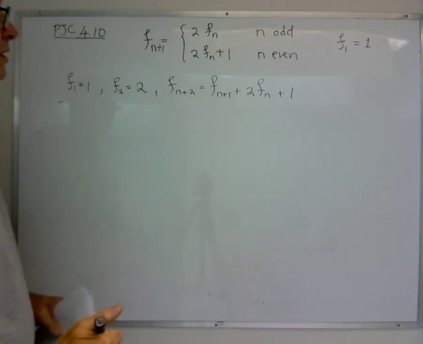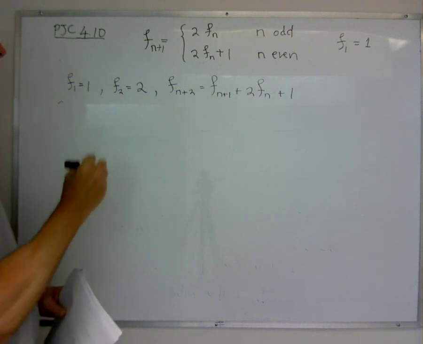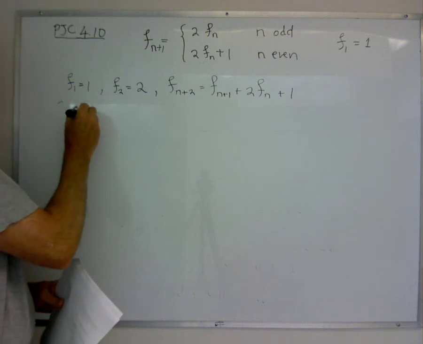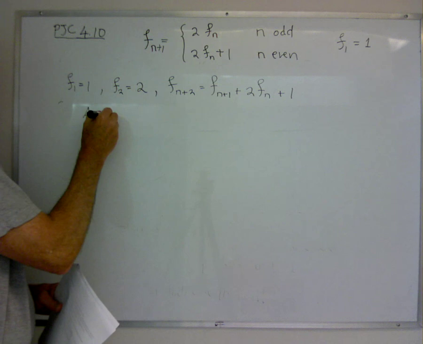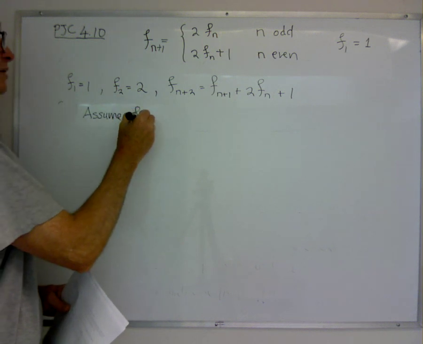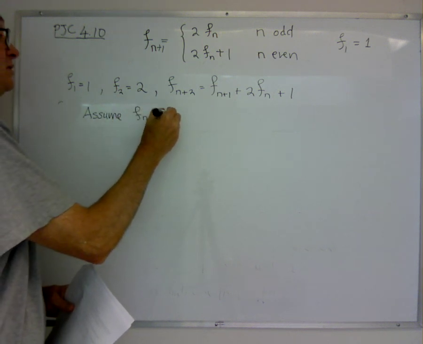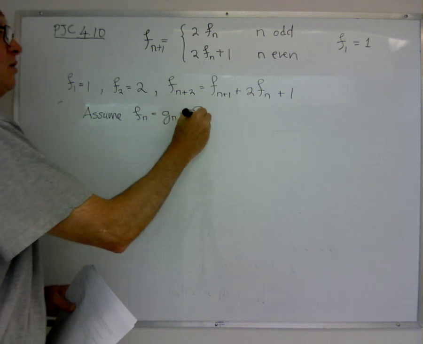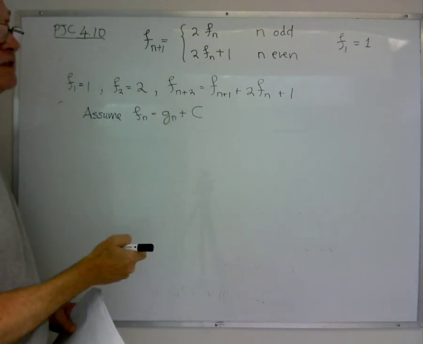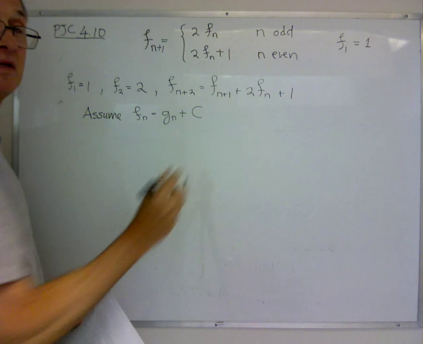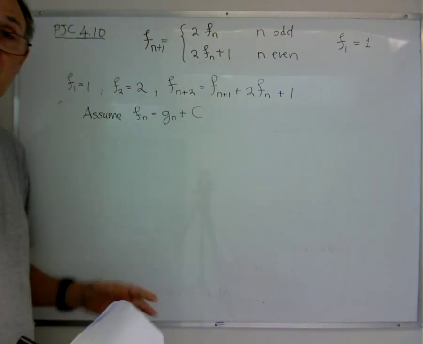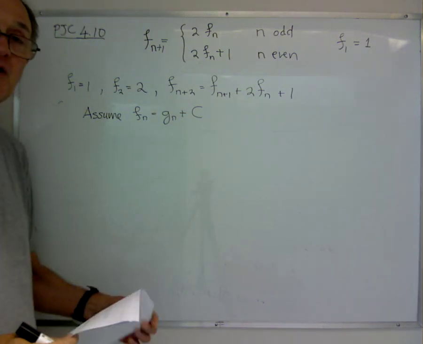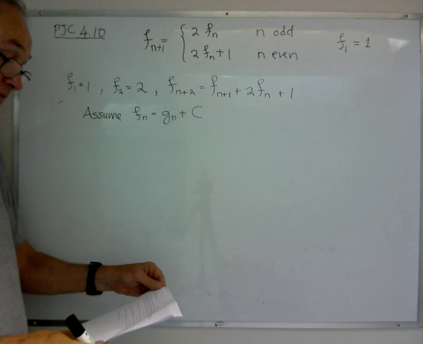And so the way that you deal with this kind of question is you're going to say assume that fn is some other function gn plus a constant c, and then you're going to try to determine c in such a way that the plus 1 disappears, right? And then you have a homogeneous equation which you can then solve using a characteristic equation.